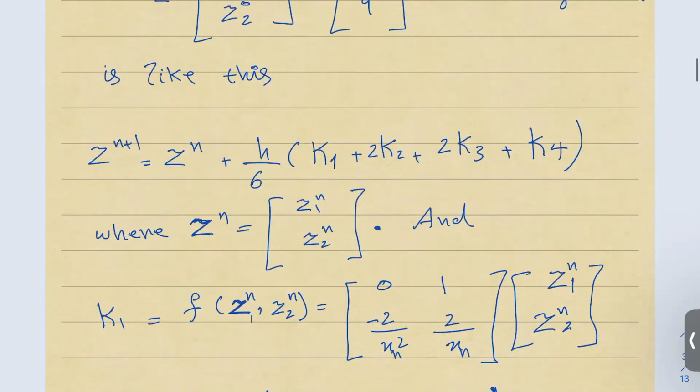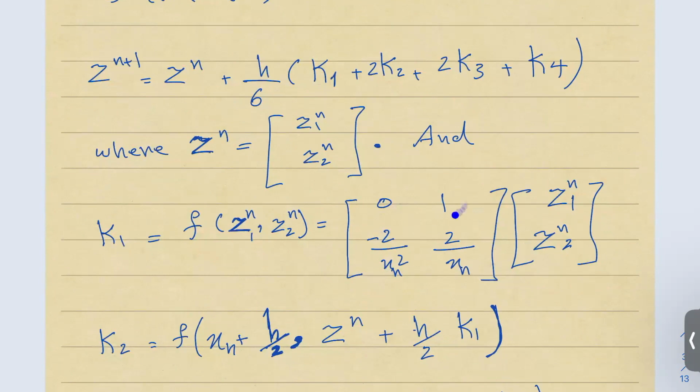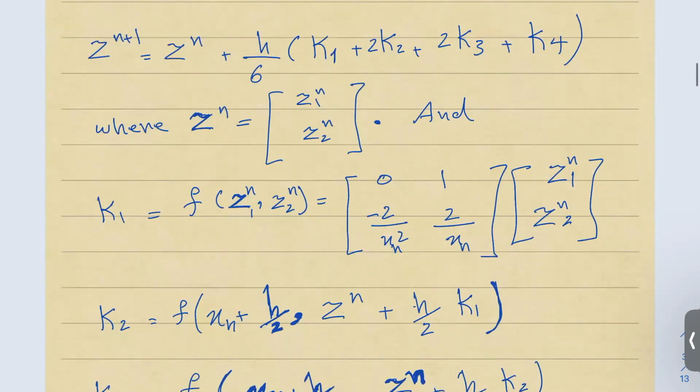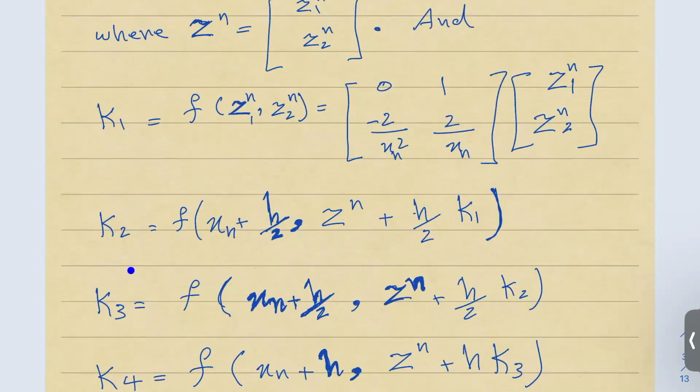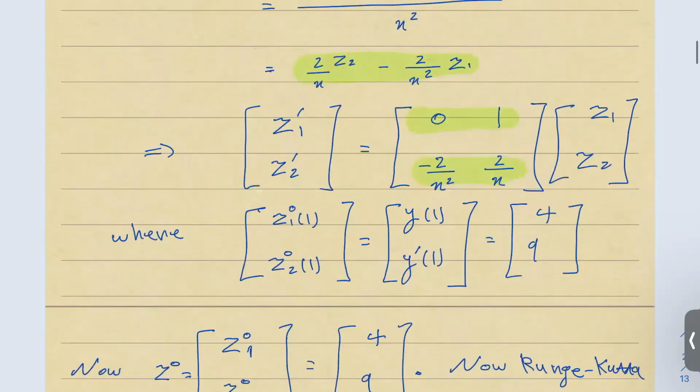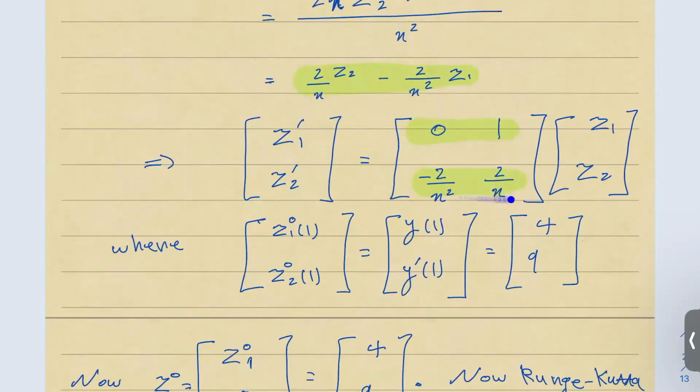So I have written it like this, A times this. K2, if you understand K2, I don't need to explain K3 and K4 because it will be the same. So K2 is F, and what is F? F is whatever is on the right-hand side of this, but I have decomposed it, A times this.